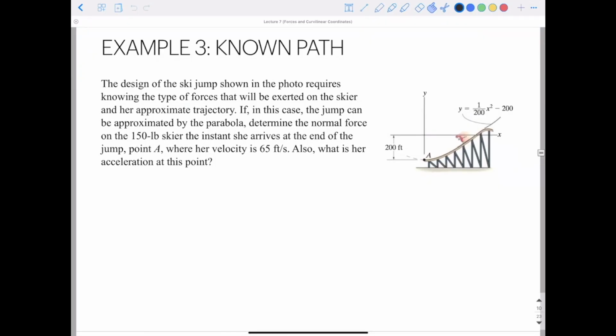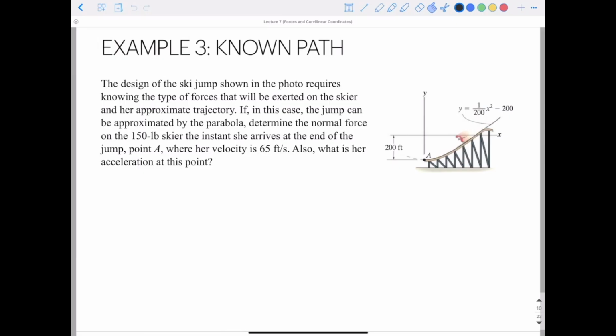All right. Third example, we have the design of a ski jump. It requires knowing the type of force that will be exerted on the skier and her approximate trajectory. We don't want the curvature at the end of that ramp to be so great that they just collapse down. They can't withstand the centripetal force.